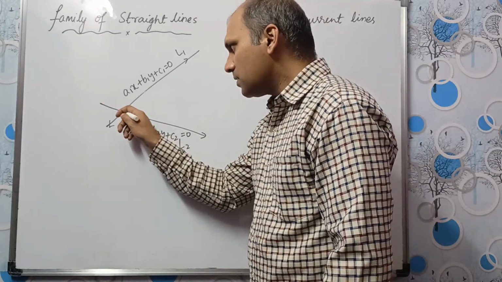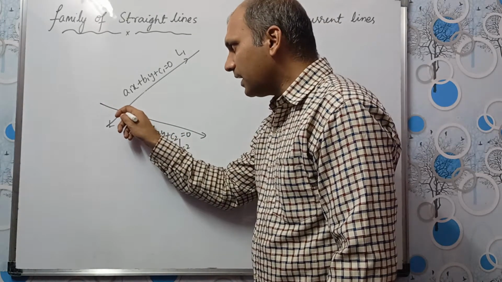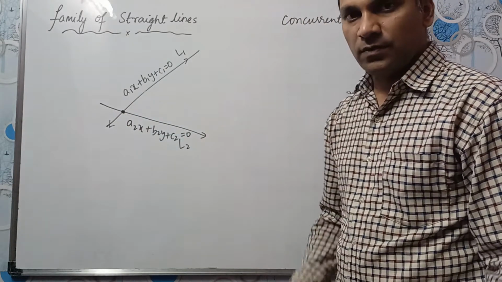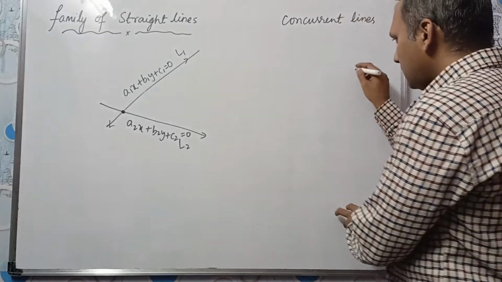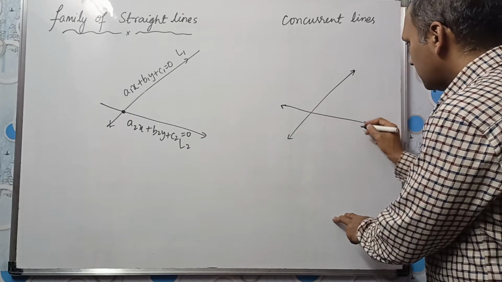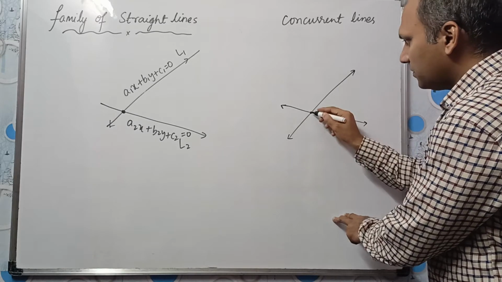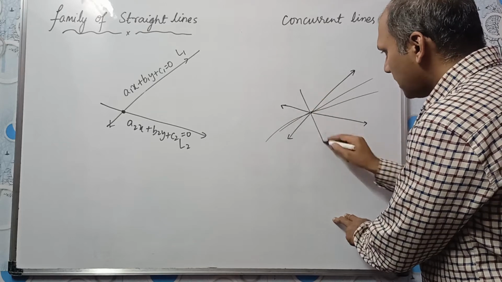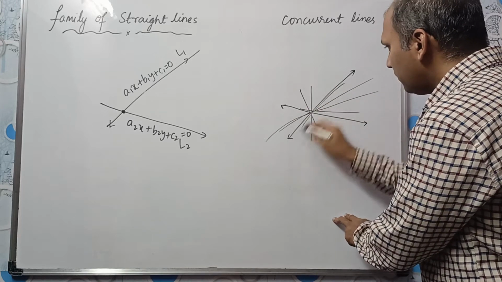Now how many straight lines will pass through this point? We will have infinite straight lines. These are two intersecting lines, so this is the point of intersection. From this point of intersection we'll have many straight lines passing, infinite straight lines.